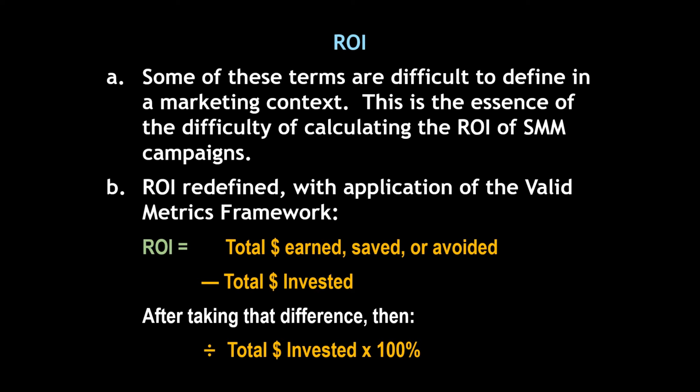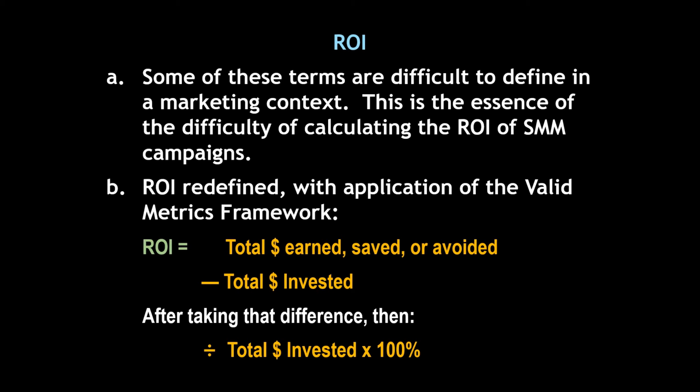So if we're looking at things from a social media perspective, how we should be looking at ROI is that it would be the difference of the total money that's earned, saved, or avoided less the total amount invested. So in essence, that would be your profit. Total money earned, you can think of as your gross.